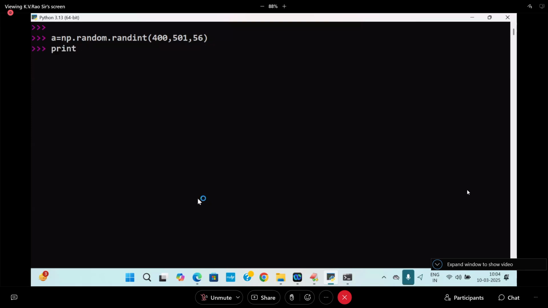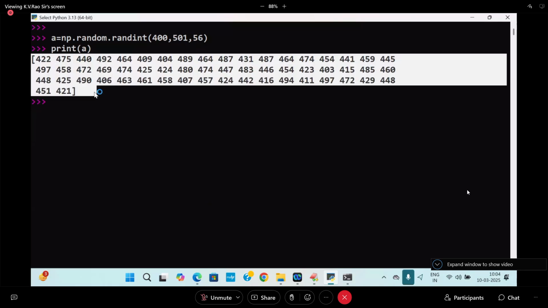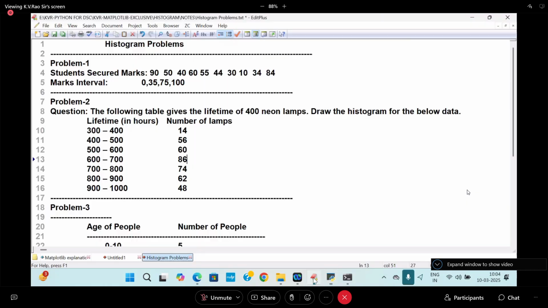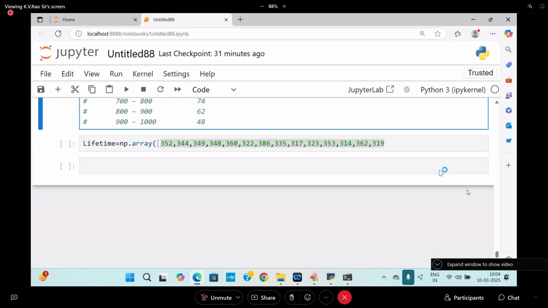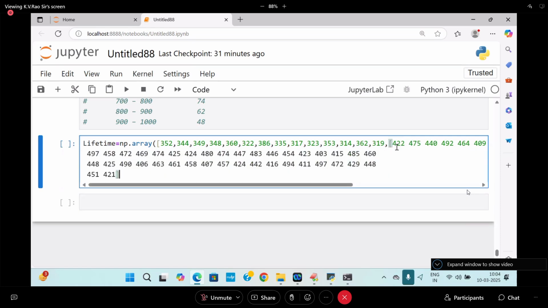Print of A. These many values are going to come, and these values are going to be placed over here. I need to go on taking them separated by comma. These values you need to separate by comma.